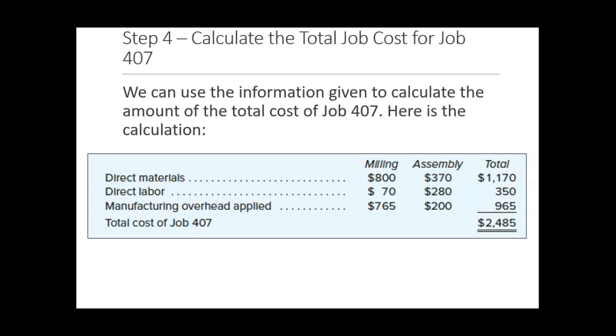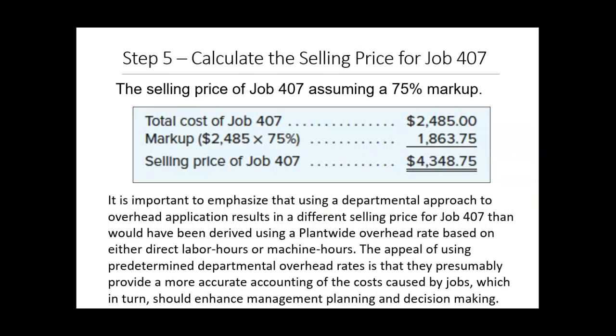So once again, we assign costs based upon multiple predetermined overhead rates. We assign a cost in milling based upon machine hours. We assign a cost in assembly based upon direct labor hours. Okay? Now recall that the sales price will be a markup of 75% of the total cost. So 75% of the cost would give us $1,863.75. Add that to the cost to make job 407.